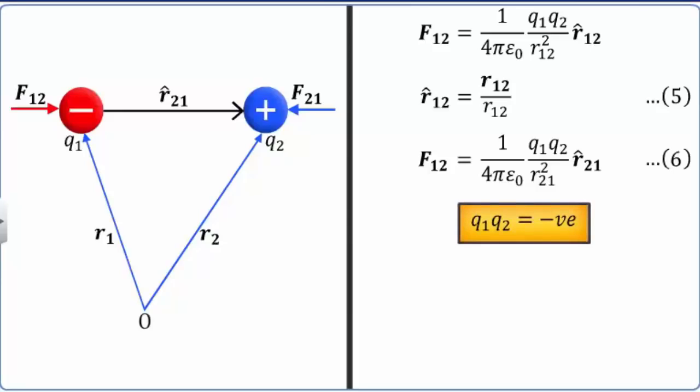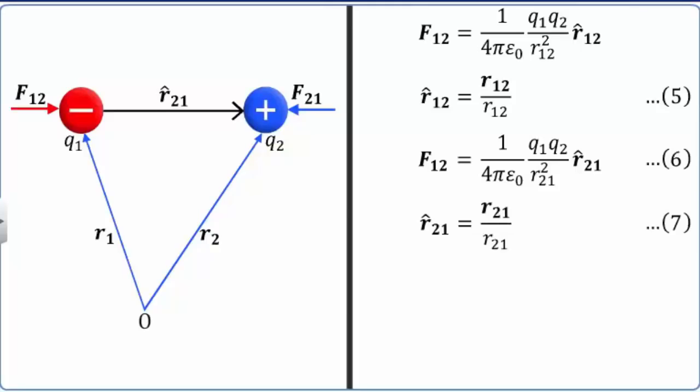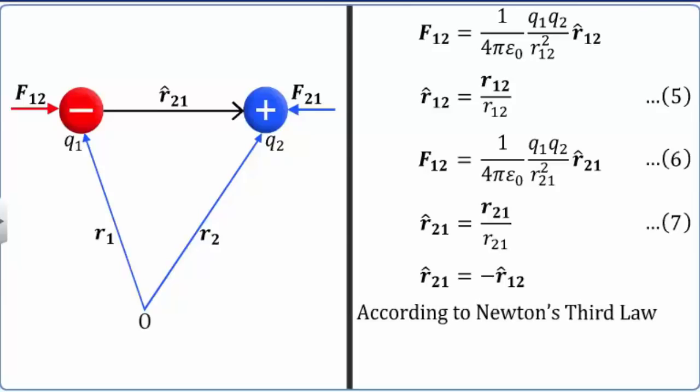The unit vector R21 is given by equation 7. According to Newton's third law, Q2 experiences an equal and opposite electrostatic force to the one experienced by Q1. Therefore, we can write F21 is equal to minus F12.